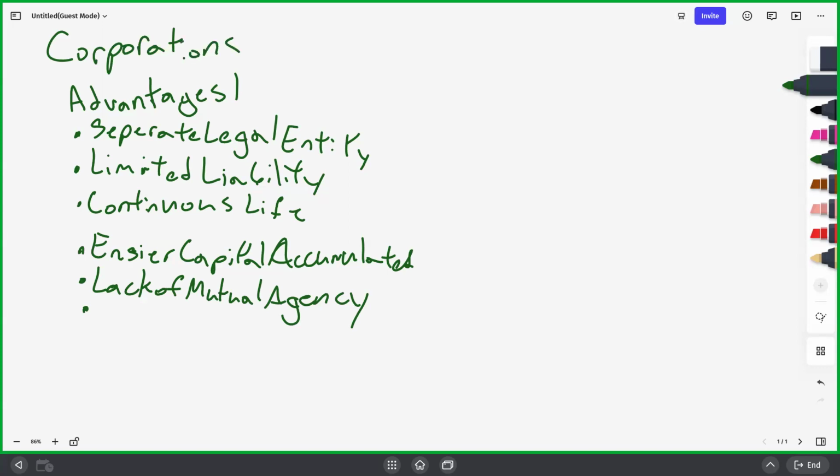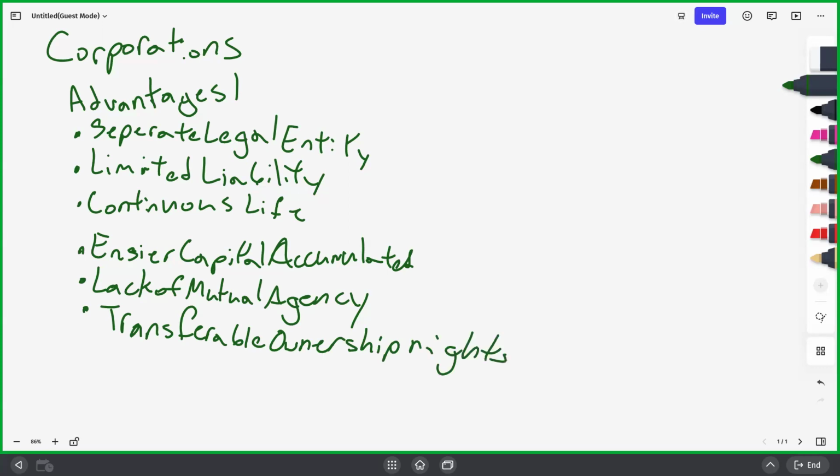Yep, transferable ownership rights. Ownership is evidenced by shares of stock. Ownership is easily transferred through sale of stock and has no effect on operations of the company.